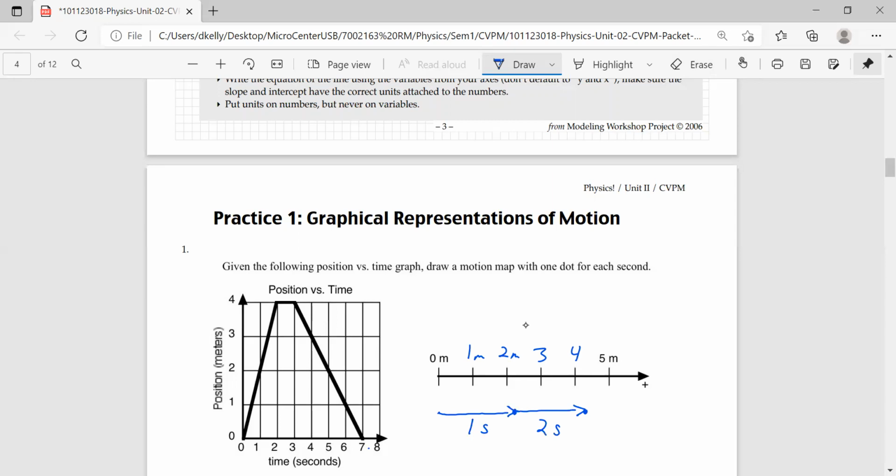And so now we see between 2 and 3 seconds, the object is at rest. It's not changing position at all. It's staying at 4. How do we indicate that here on the motion map? Well, we can just do a little down arrow like this to show that we're remaining at 4, roughly there, remaining at 4 meters. Erase this just a tad.